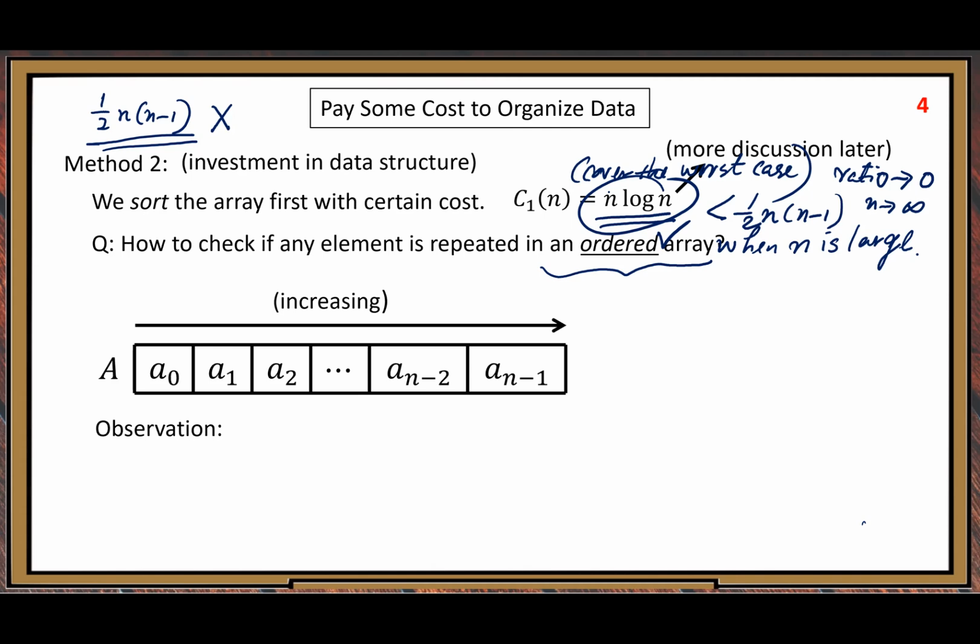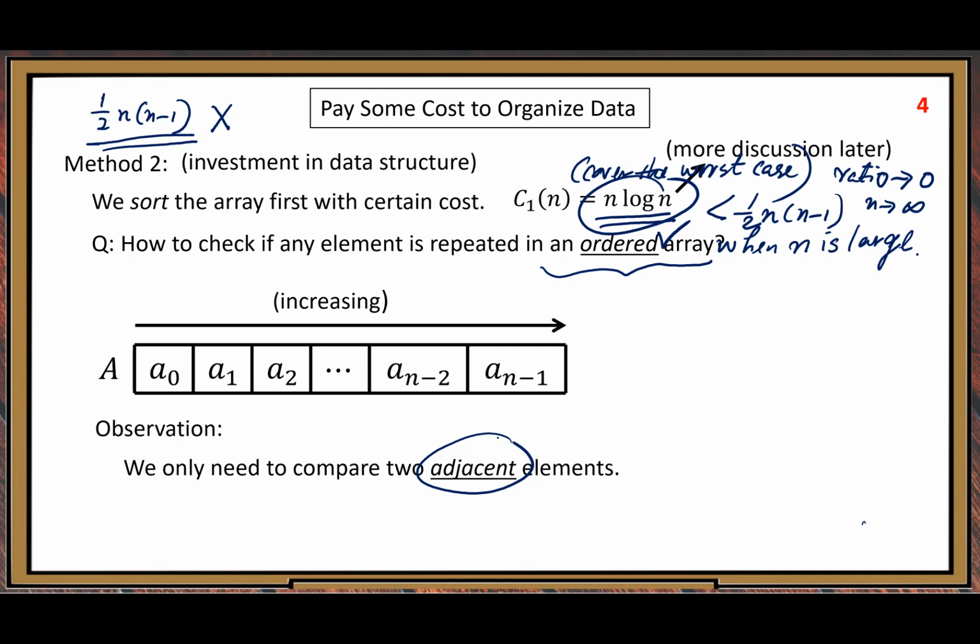Do a simple observation. When we do the checking, we only need to compare 2 adjacent elements. You do not need to compare 2 elements that are not adjacent.